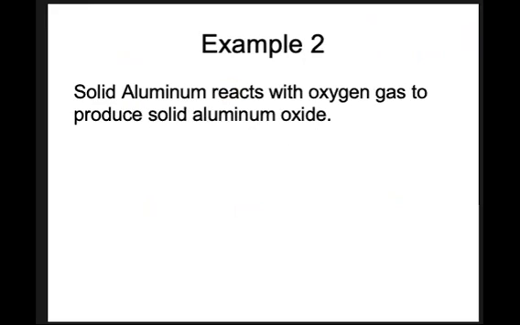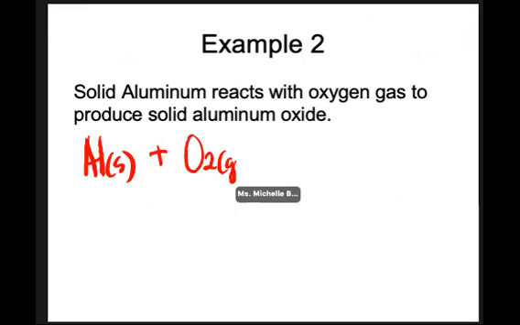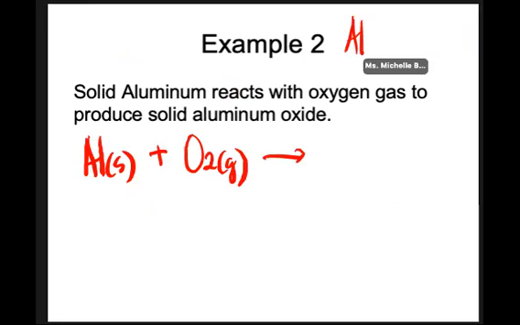So solid aluminum, I'll write it down now, Al(s), reacts with oxygen gas, O2, and that's in the form of a gas, to produce aluminum oxide, solid. So aluminum positive 3, oxygen 2 negative, crisscross.